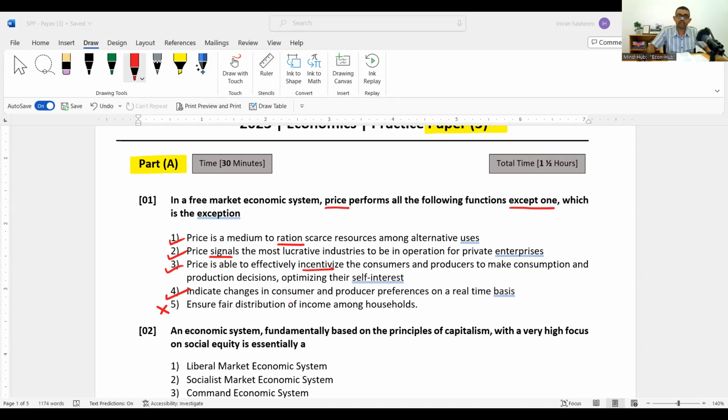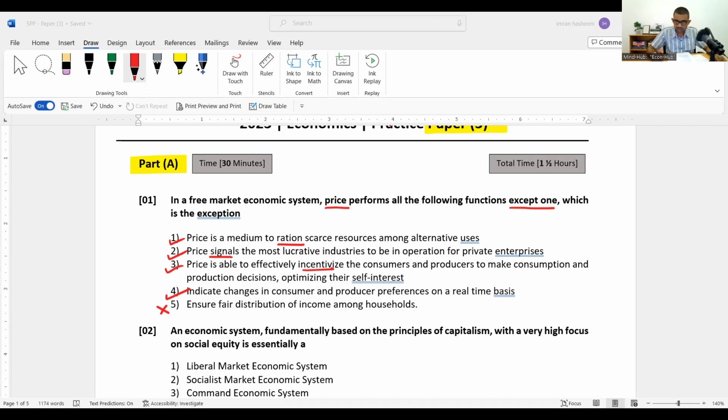There's a question from one of your virtual classmates: Sir, what do you mean by real-time basis? As I explained, real-time means whenever the preference of consumers changes, demand starts to change. And as and when demand changes, at that moment the market price starts to change. So when the market price has increased or decreased, it indicates one of two things happening live at that same time in the market.